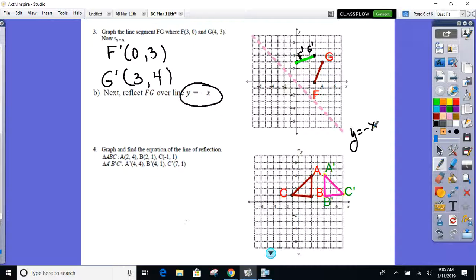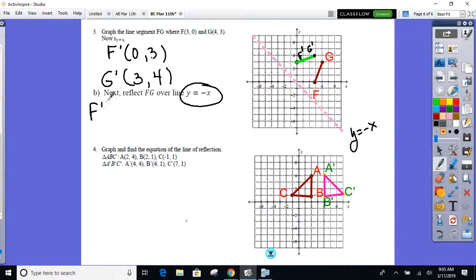What do we think the rule is here? y equals x, I was going to flip them. Now, it's still flipping, right? So I'm still going to flip them, but now I'm going to flip the signs. So not only are you going to flip the order, you're going to flip the sign.